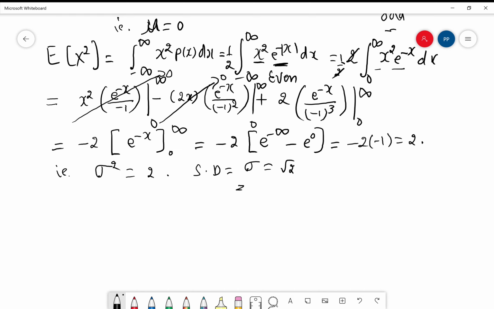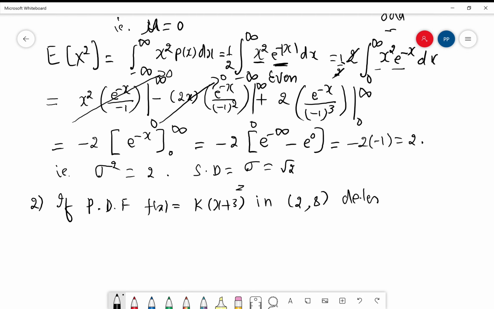Now, the next problem is, if the PDF f of x equals k into x plus 3 in the interval 2 comma 8, not infinity, sorry, it is 2 comma 8.